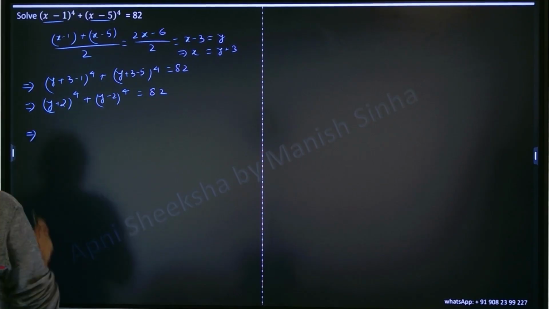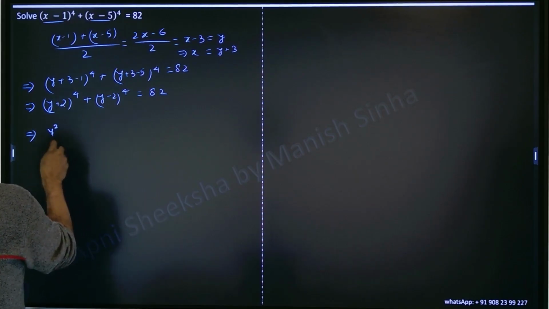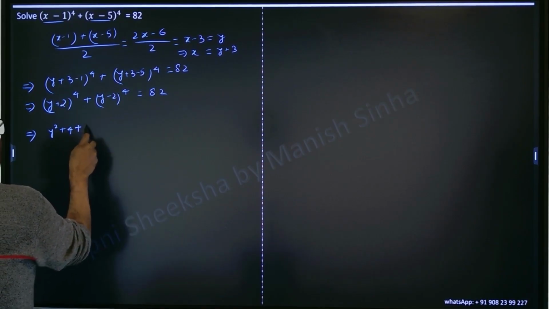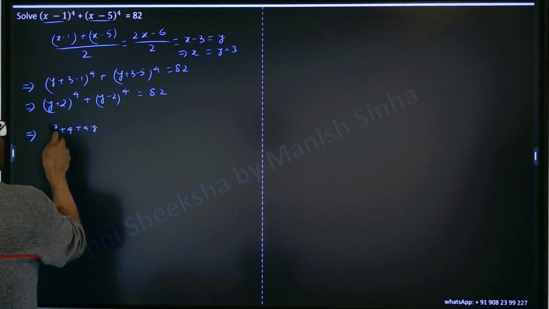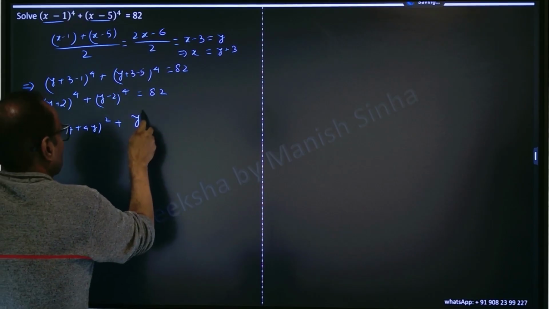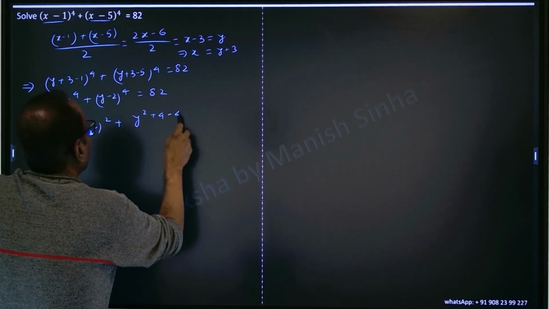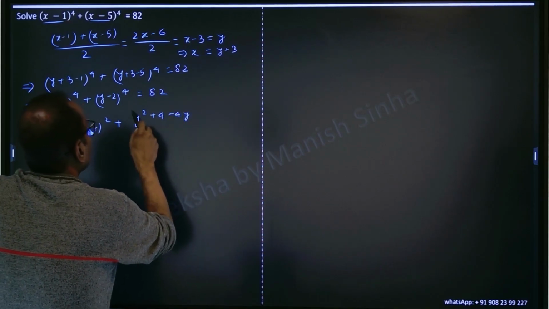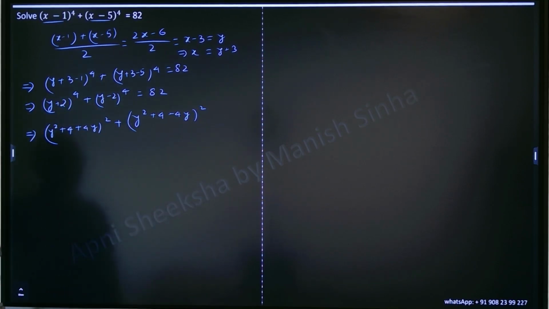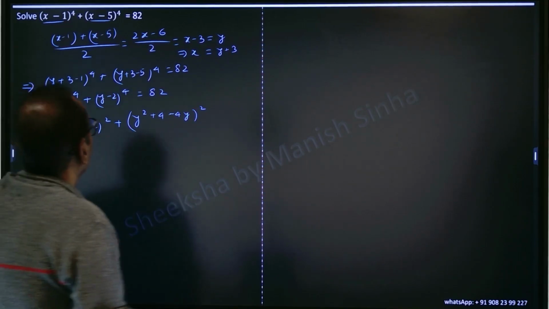Now you take the square of this, square of this. So this will become (y square plus 4 plus 4y) square, and (y square plus 4 minus 4y) square.